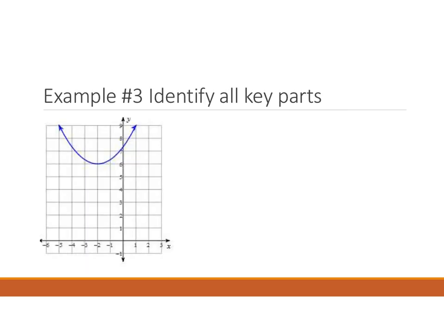Example 3, we're going to identify all the parts we've covered. So let's start with the vertex. It's the high or low point. In this case, it's a low point right there, and the ordered pair for that would be (-2, 6). Next, let's do the axis of symmetry.